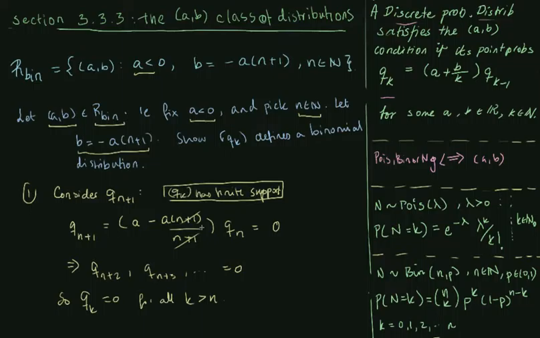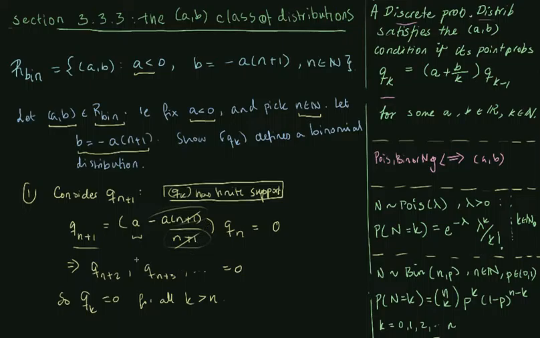And the reason we can see this is, well, if we look at q_{n+1} and plug into the definition, a plus b divided by n plus 1 multiplied by q_n, then the n plus 1 and the n plus 1 cancel, and then the a's cancel, and then we just get 0.